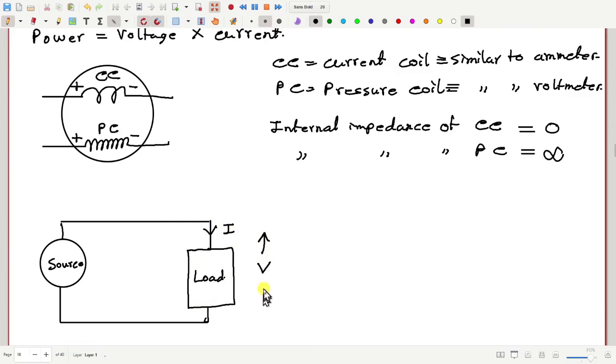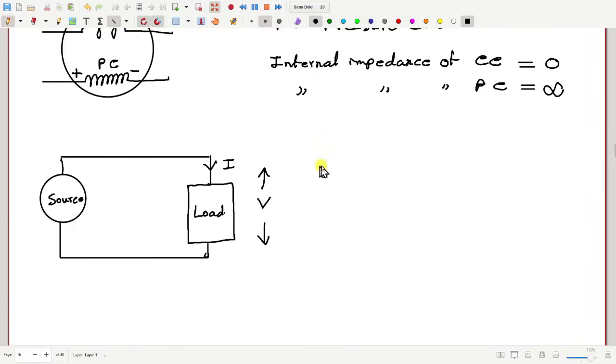Now the question is how much power is consumed by this load and how do we measure this? How to measure load power? How to connect a wattmeter? This is the last thing we are doing today, how to measure load power.